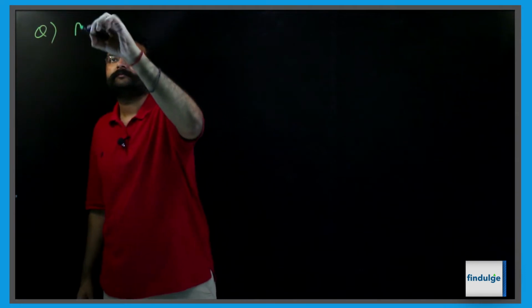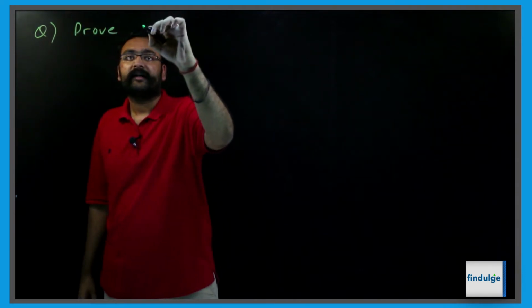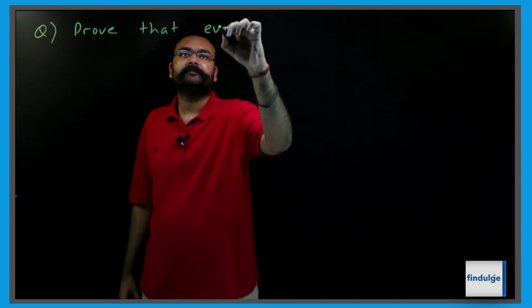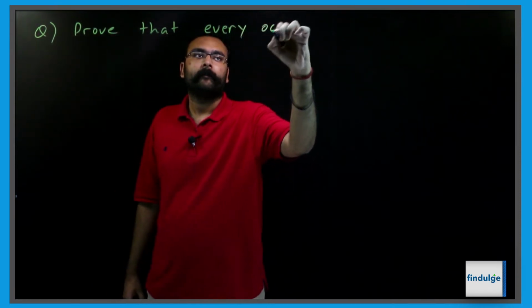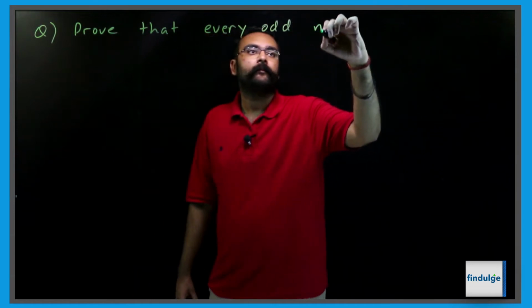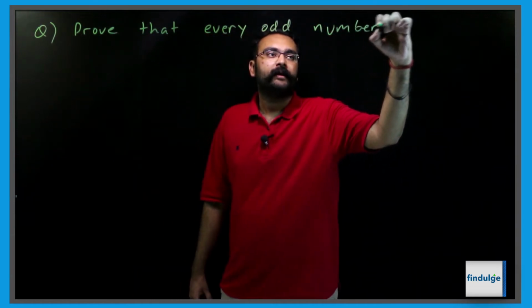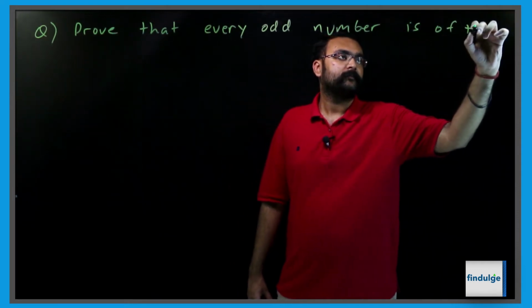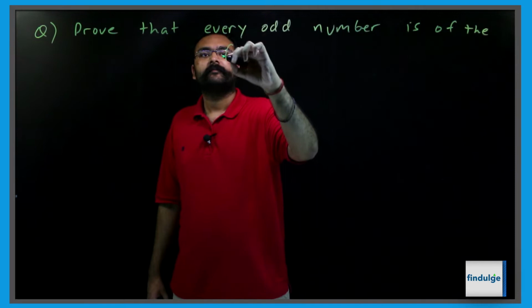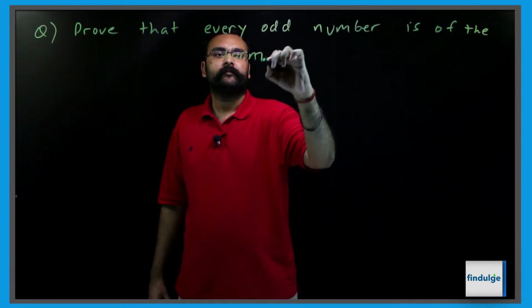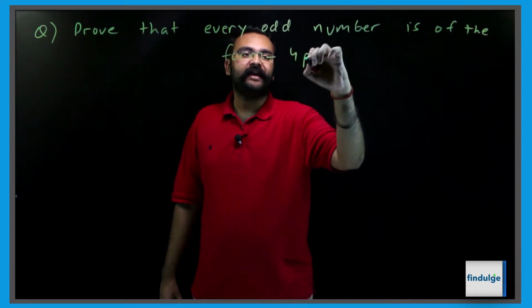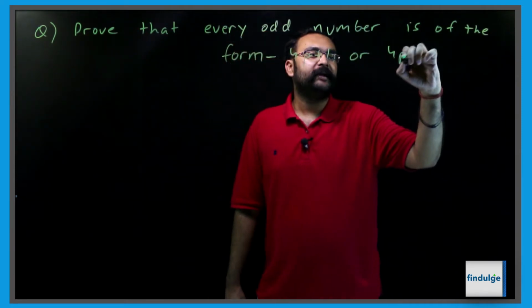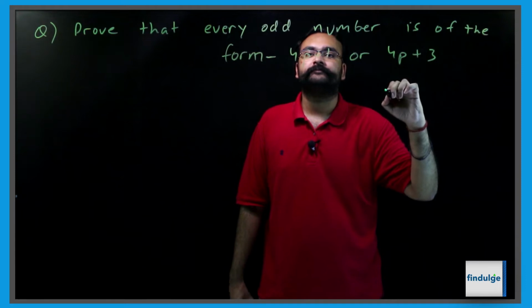Prove that every odd number is of the form 4p plus 1 or 4p plus 3.